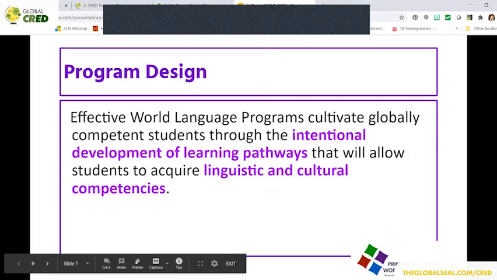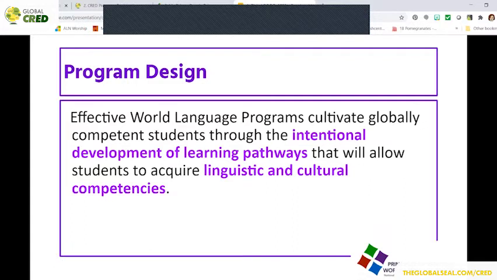So when we go back to program design, this is the principle behind the whole idea of program design. Effective world language programs cultivate globally competent students through the intentional development of learning pathways that will allow students to acquire linguistic and cultural competencies.